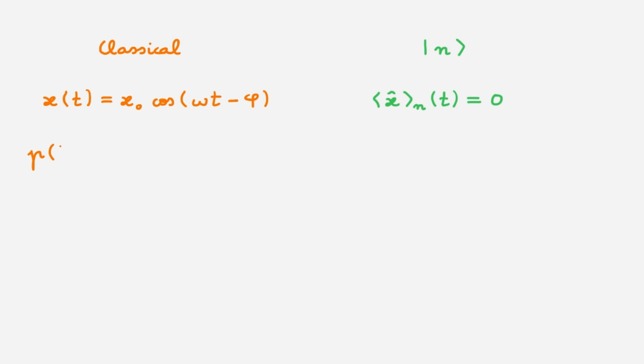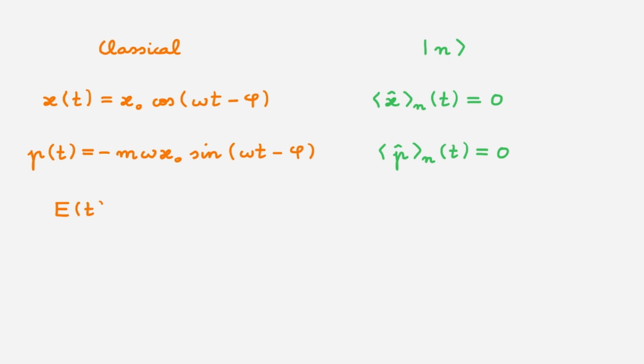Now turning to the momentum, the classical particle obeys this equation in terms of a sine, and the expectation value of the quantum particle in an energy eigenstate is always 0. Now finally, the classical energy is constant, and the quantum energy in an energy eigenstate is also constant.